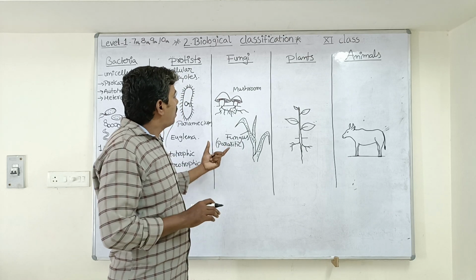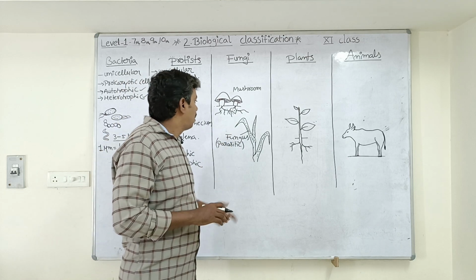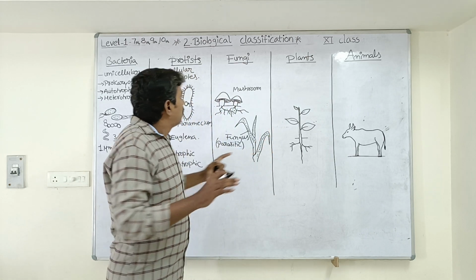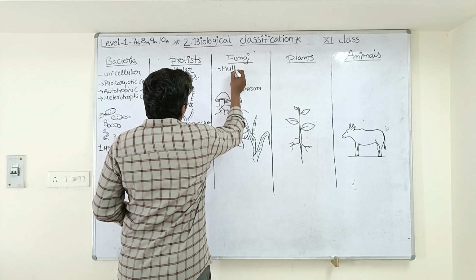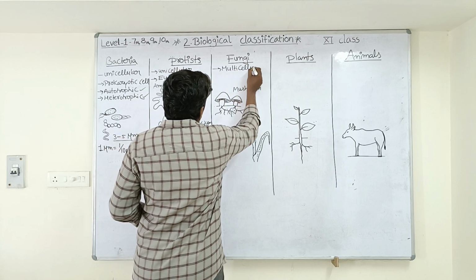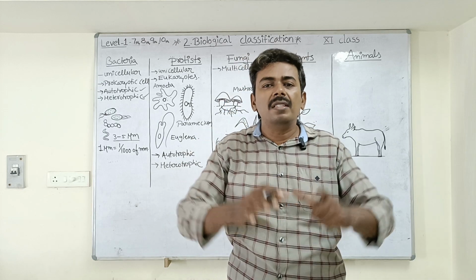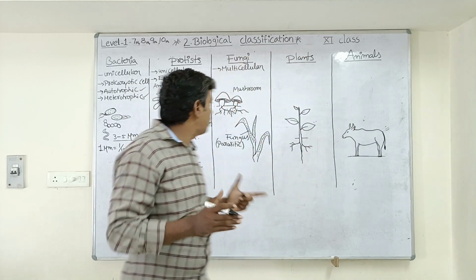Then what type of cells are present and how are the cells arranged? Are the fungi made up of a single cell? No. The fungi are made up of many cells. That's why they are multicellular. What is multicellular, students? If an organism is made up of many cells, then it is called multicellular.